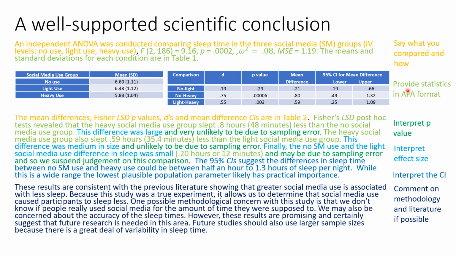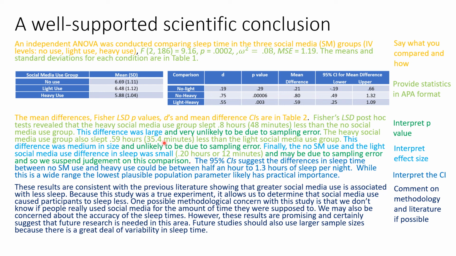Now I need to describe those statistics and provide some analysis of them. I need to talk about them a little bit. So the Fisher's LSD post hoc tests revealed that the heavy social media use group slept 0.8 hours or 48 minutes less than the no social media use group.